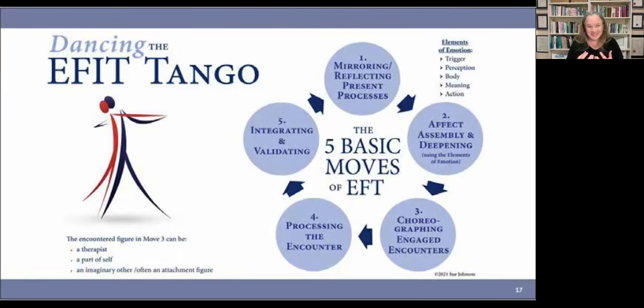In move 4 of the tango, we process Frank's experience, that imagined encounter. And if we were doing this with an imagined other, like a parent, another attachment figure, we'd process the impact on the speaker, Frank, and on the listener.